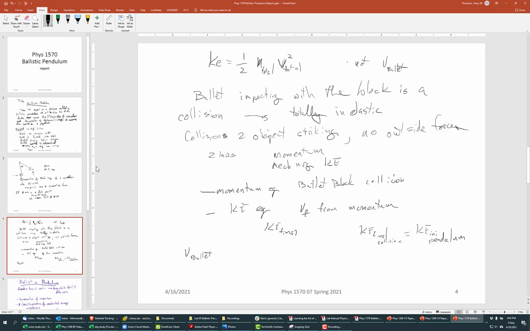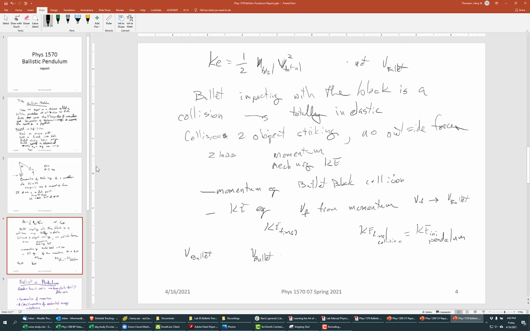There's the mass total and V total on both sides, but you can also substitute in the V final from momentum. You can have an expression for the V bullet. So you can get this V final of the collision as a function of, among other things, the V bullet. So at the end of the day, you can have an equation that has V bullet here.